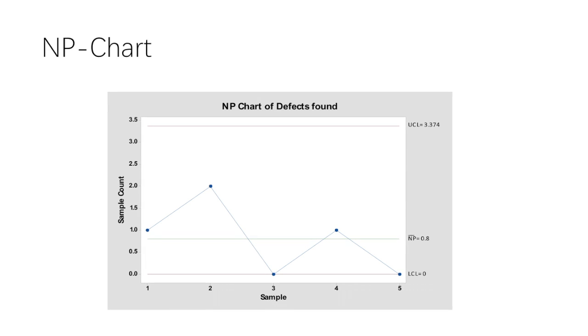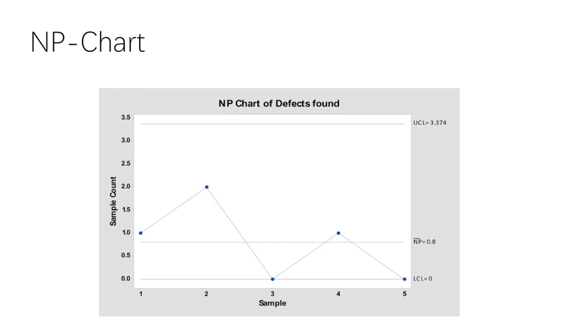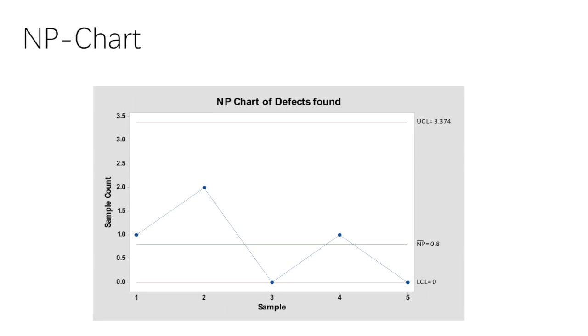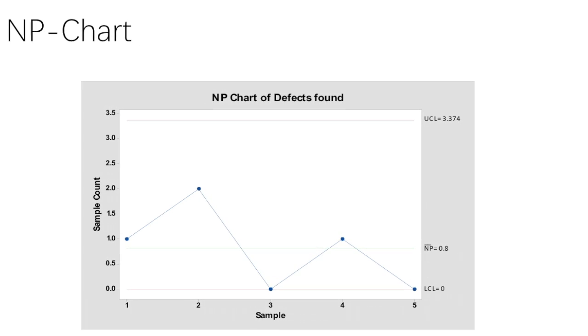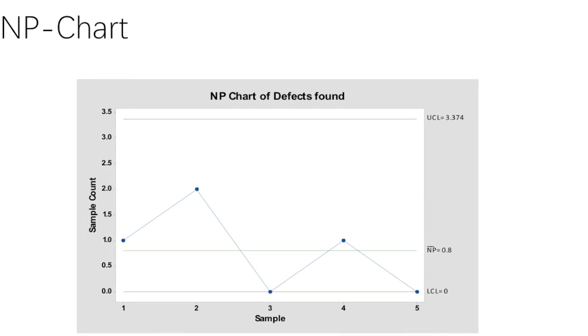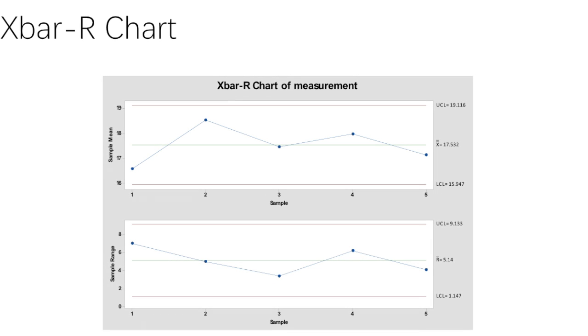Subgroup size is 10 units for each. In the NP chart, all the points fall within limit. Cases under the lower control limit, which are sample 3 and sample 5, are acceptable since the purpose is to shorten the total time. Each point in the X-bar chart indicates the average total time in each sample.